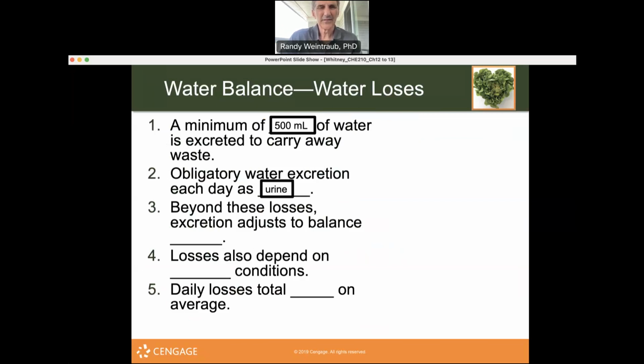Beyond these losses, there are also other losses, and how do we balance those losses? That's with intake. Losses also depend on environmental conditions, primarily temperature and humidity. Daily losses average about 2,500 milliliters. That's about 10 cups.